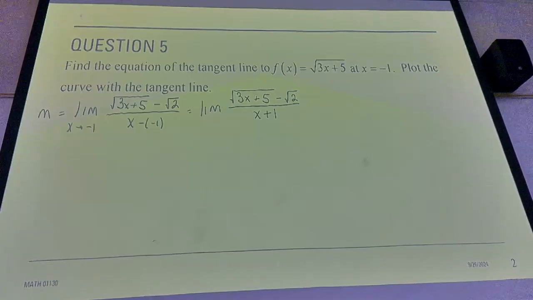I don't think so. Oh, we can. What are we going to have to do to evaluate this limit? Right now we have 0 over 0.